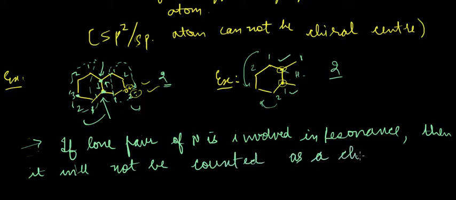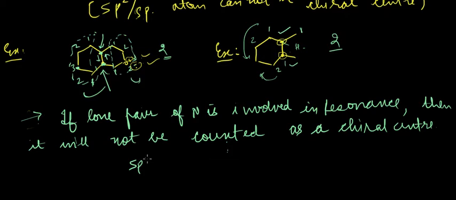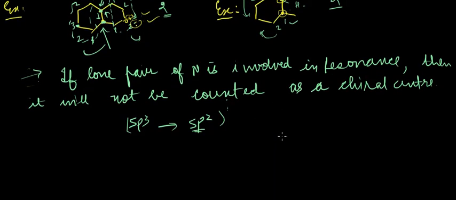Why? Because when it is actually in resonance, it is converting itself from sp3 to sp2 hybridized nitrogen atom. Hence, once it is getting sp2 character, it will not be considered as a chiral center.